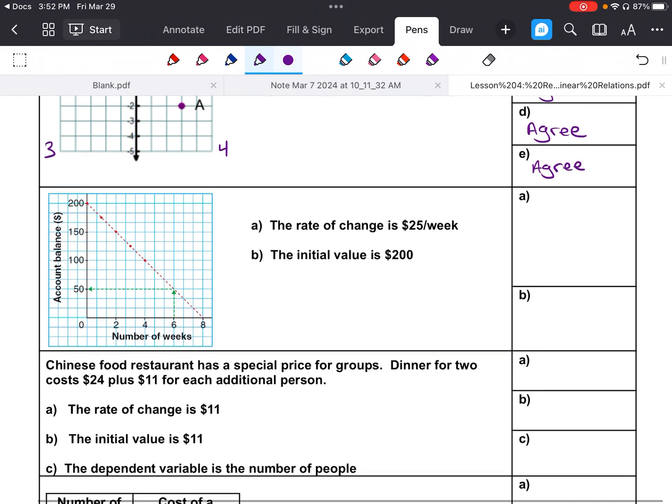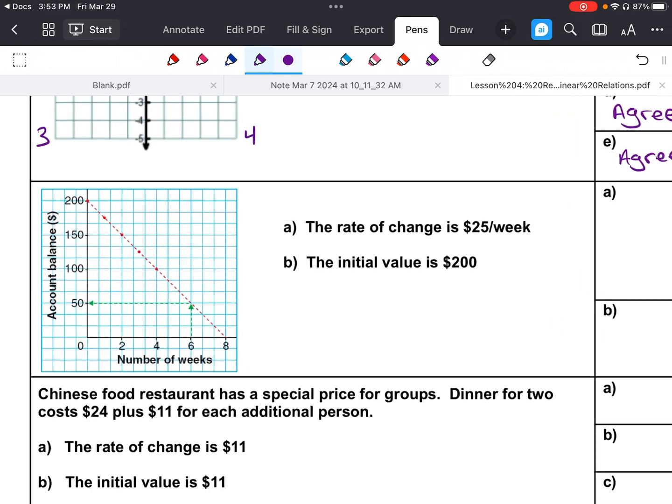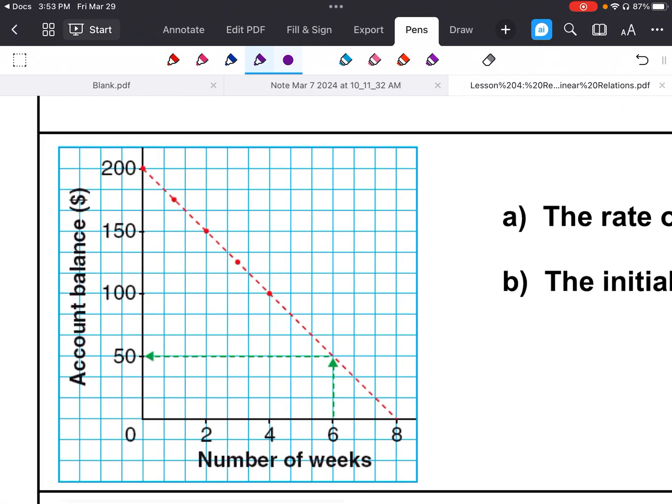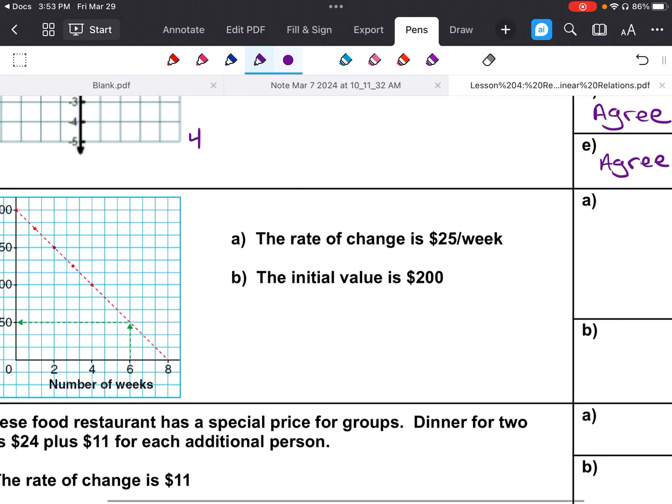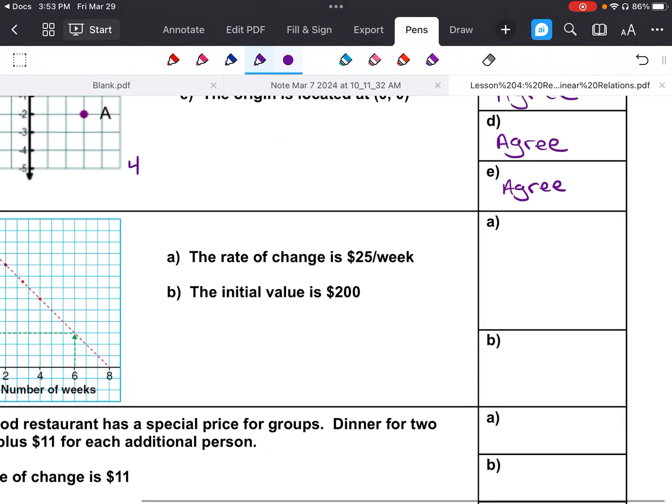The rate of change is the slope, but in words, it's comparing units, is $25 per week. If we take a look at the graph, you can see that it starts at 200. After 2 weeks, it's at 150. That means it is going down $50 for 2 weeks or $25 per week. However, the question is saying the rate of change is positive $25 per week.